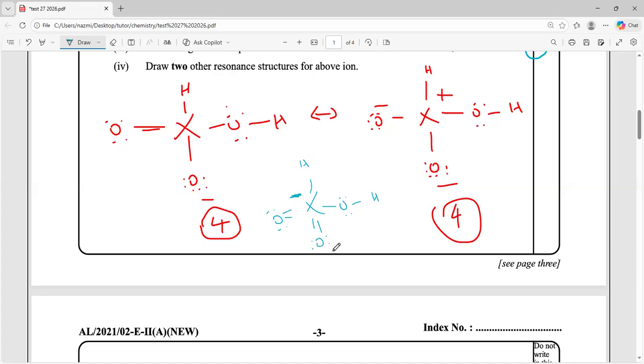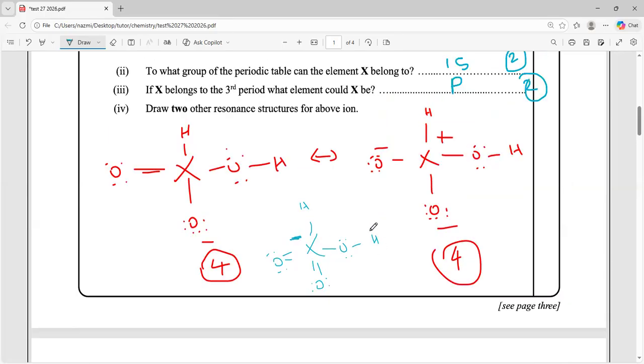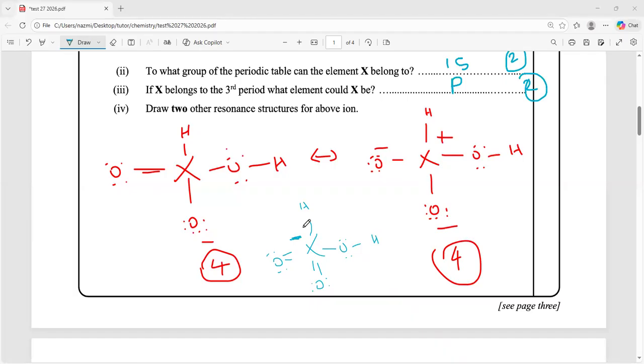Yes, this is also possible. If it is a second period element, absolutely it's not possible. If it is phosphorus, usually phosphorus doesn't get a minus charge. We have not come across structures where phosphorus has shared 6 electrons and has a negative charge. So better we go with the other two, okay?